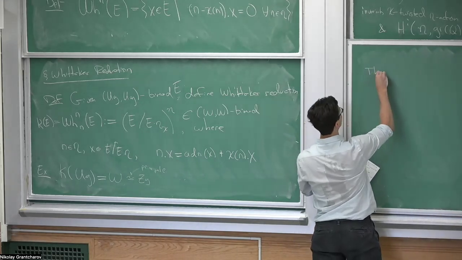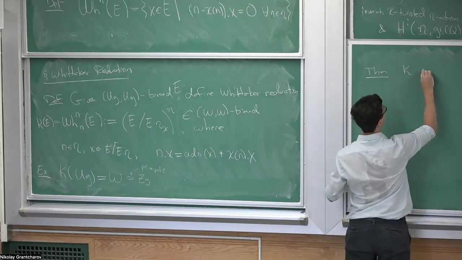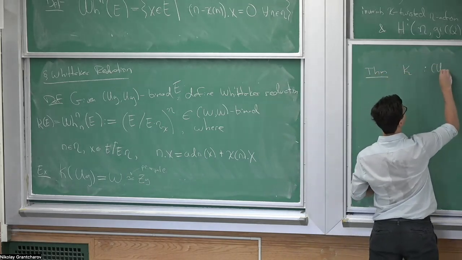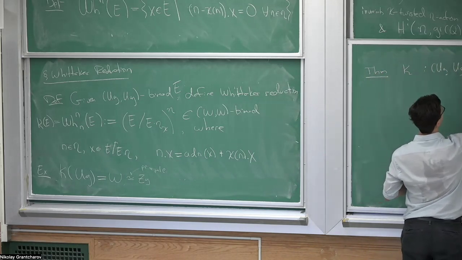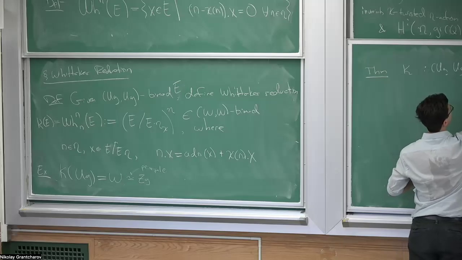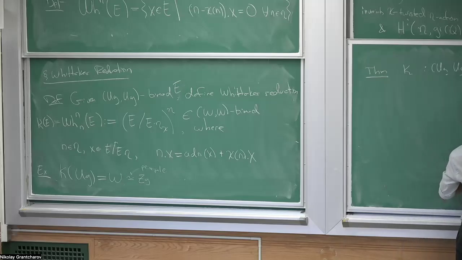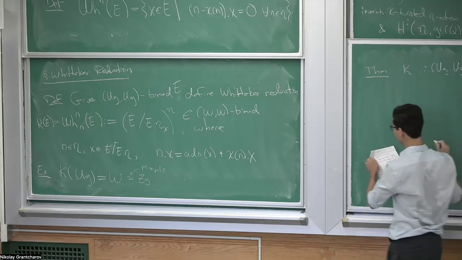Theorem: kappa from UG bimod to W bimod is monoidal. I'll explain what that means in the proof.